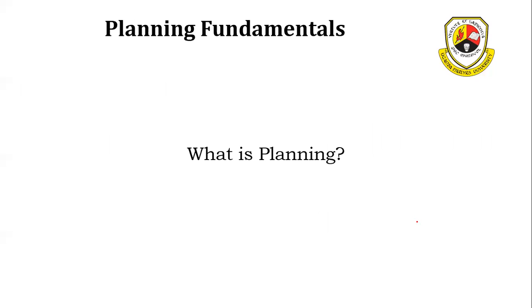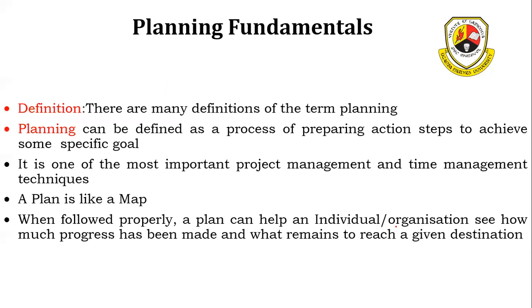So let's first look at planning. And then we ask ourselves, what is planning? Since we have looked at strategy, we understand what planning essentially is. We're looking at preparing ourselves to achieve a certain goal. In any planning process one goes through, the intention is to achieve something.